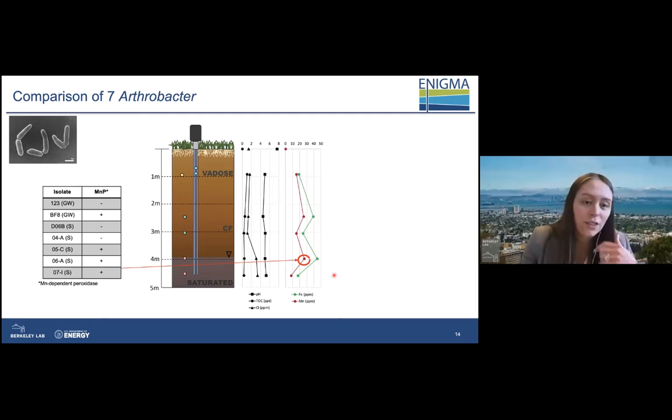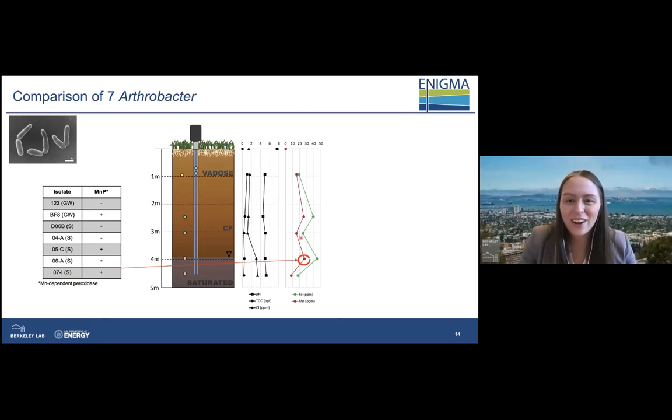And we did find that these deeper sediment isolates, which represent these 3 dots right here, had these manganese dependent peroxidases. And then, of course, our groundwater outlier that I mentioned, that the groundwater results were all over the board.